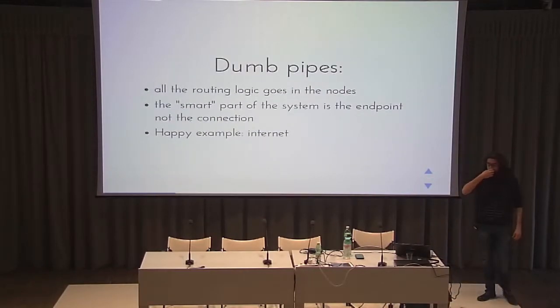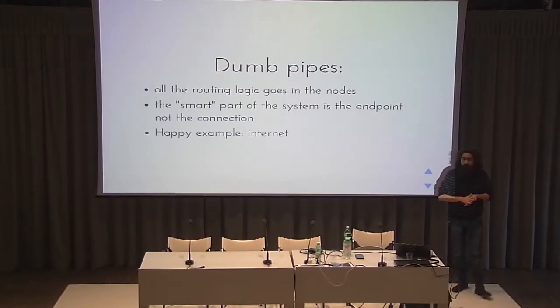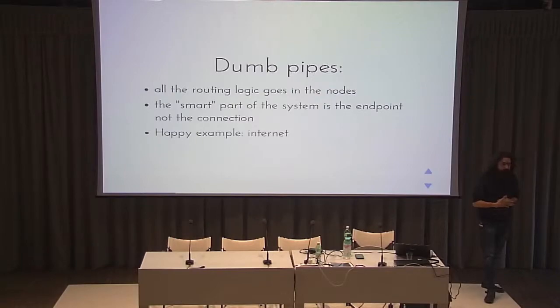Dumb pipes. This is very important, as I said before. I'm talking about the routing logic. I don't want this logic built into, I don't know, an enterprise bus in the middle of my architecture. I don't want a router, a complex object in the center of everything that decides who needs to talk with whom.